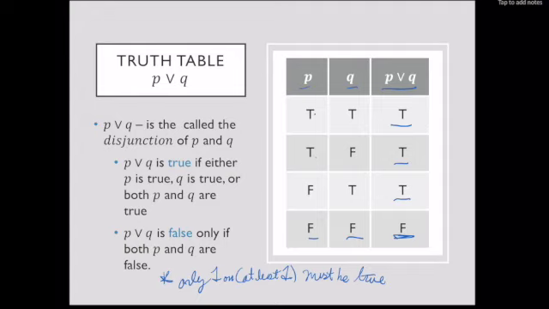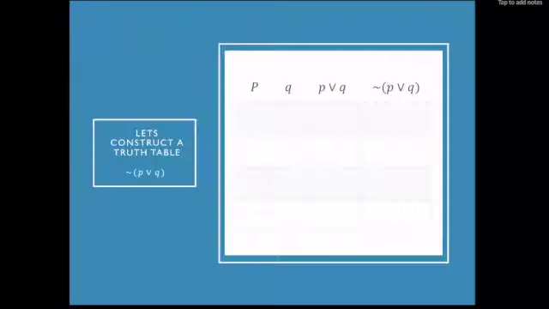So why don't we go ahead and practice making our own truth table for P, Q, P and Q, P or Q, and then not (P or Q). So for my first columns, I'm going to do true, true, false, false, true, false, true, false for these simple statements. So as you can see, each simple statement and compound statement has a column. So P or Q, I only need one of them to be true. So true or true would be true.